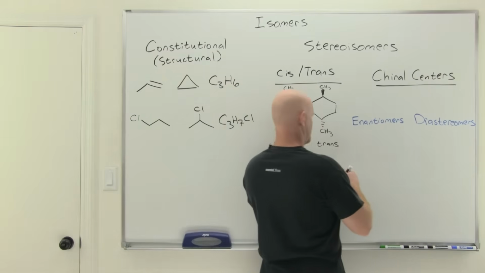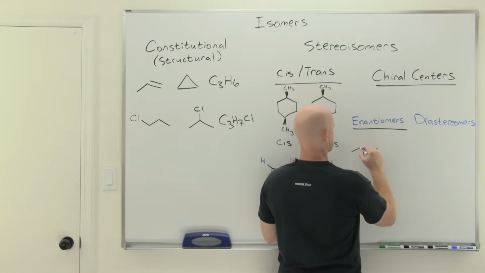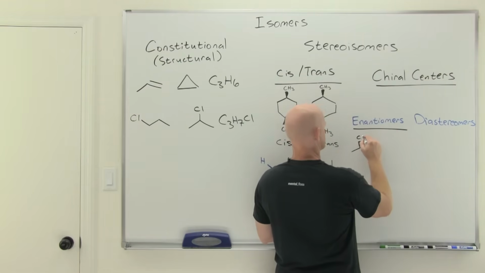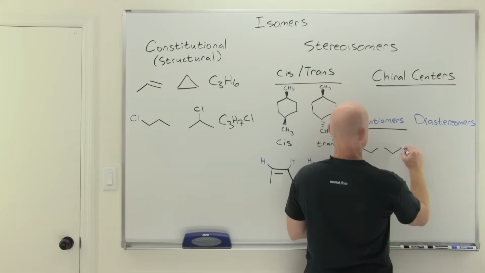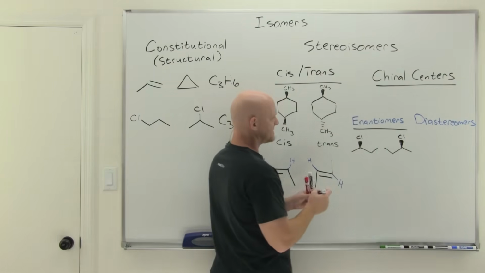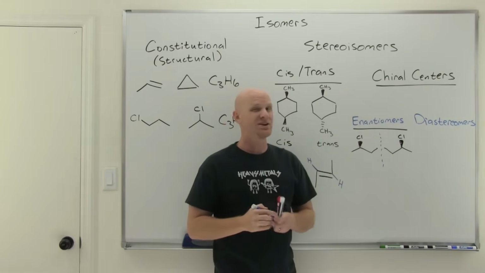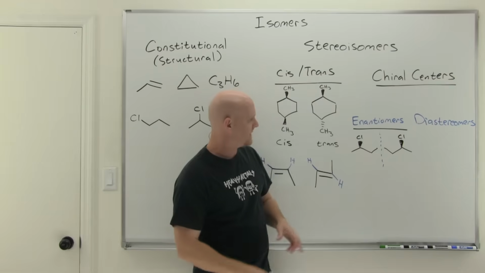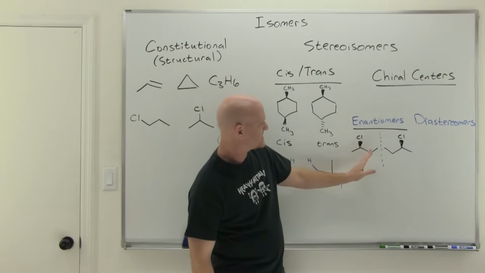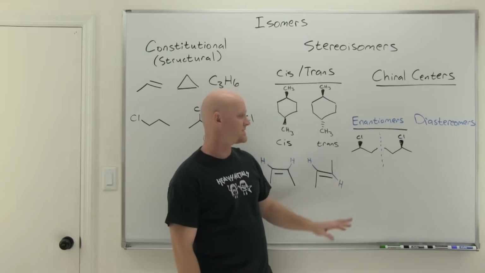So for example, if we take a look at these two right here. I've lined these up across what we call a mirror plane. You can see that the one on the left is the perfect reflection of the one on the right.